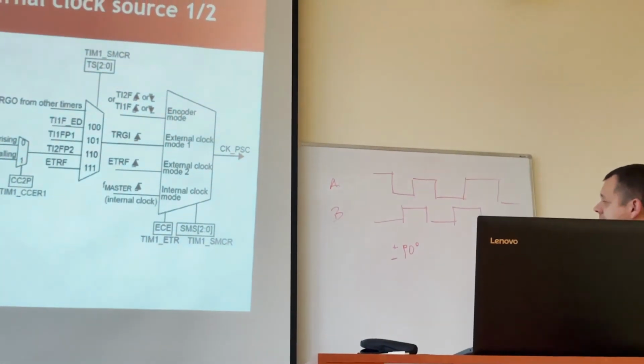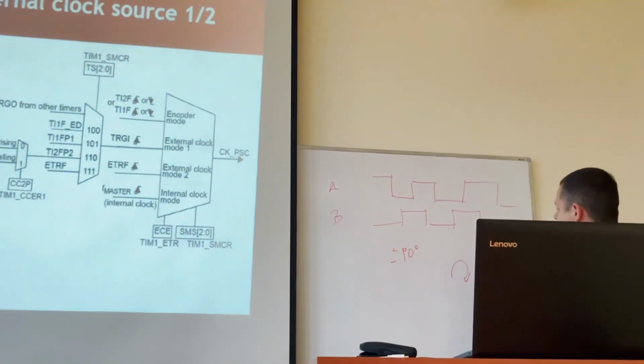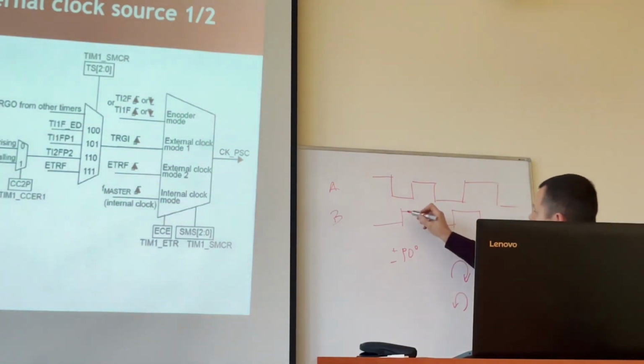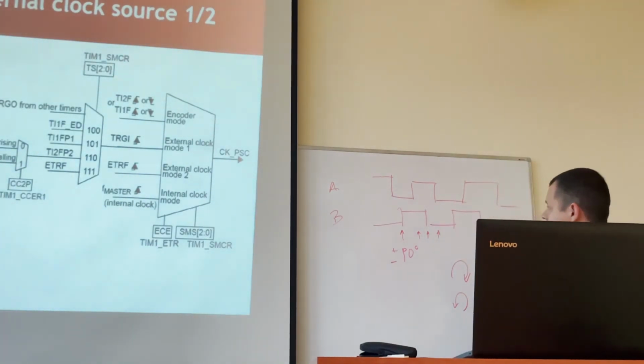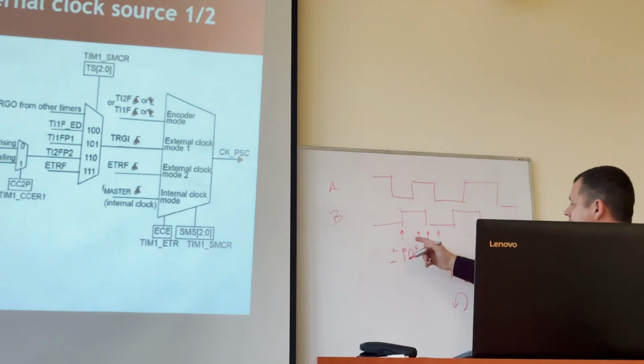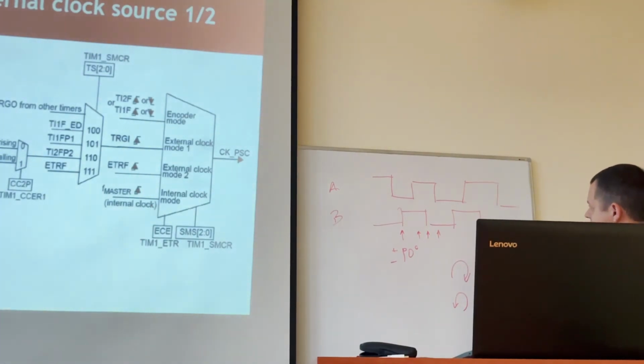What's the sense of it? If we rotate, for example, clockwise, then the shift is plus. If we rotate anti-clockwise, then the shift between those two signals is minus 90 degrees. The edges on both signals tell us how much it rotated. So the phase shift between signals tells us the direction of rotation or movement, while the number of edges tells us how fast it rotates or how fast something is moving.